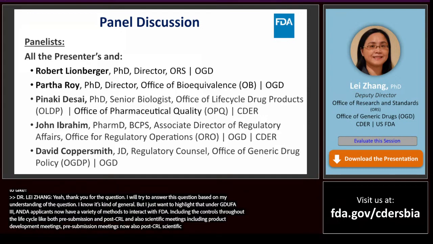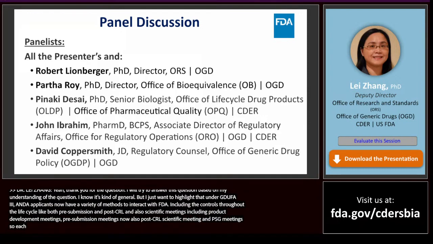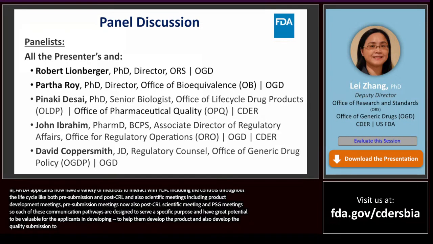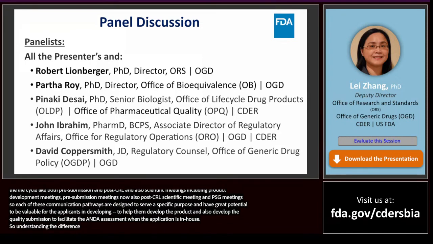Each of these communication pathways is designed to serve a specific purpose and has great potential to be valuable to applicants in helping them develop the product and also develop the quality submission to facilitate the ANDA assessment when the application is in-house. So understanding the difference between those different meetings versus controls is very important.